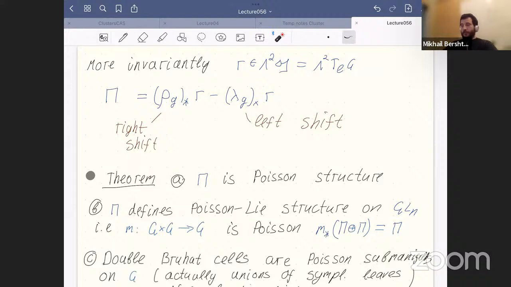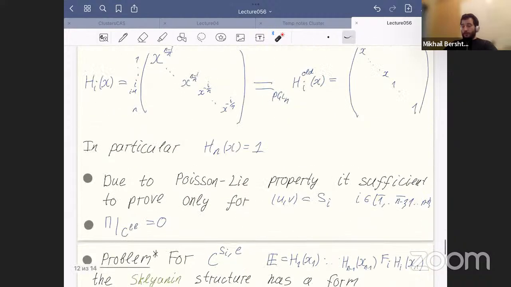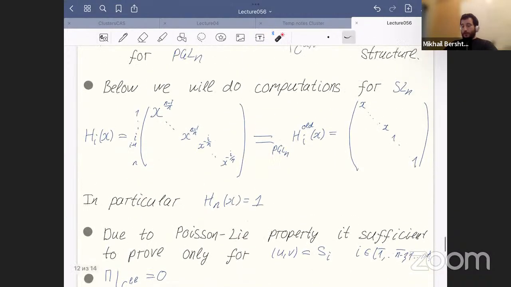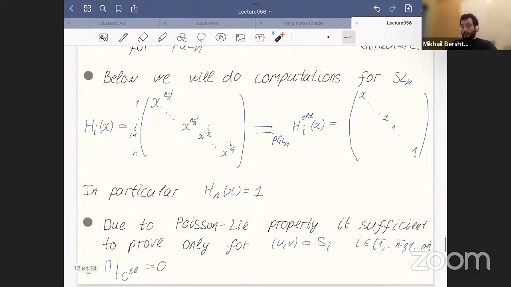But our matrix is invariant under the adjoint action of the Cartan. So these two terms are equal and pi is equal to 0 on the Cartan.